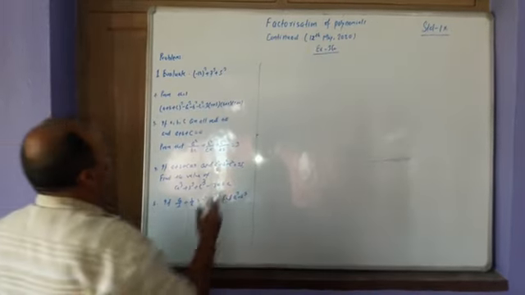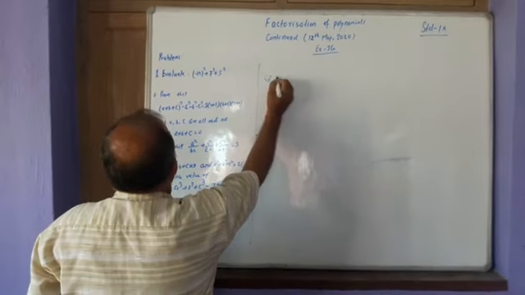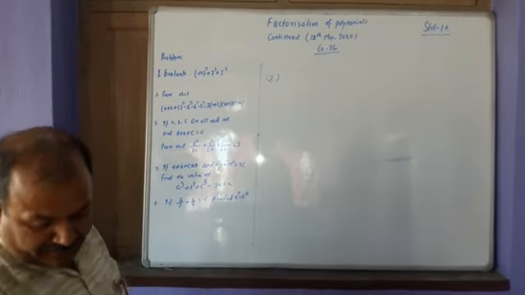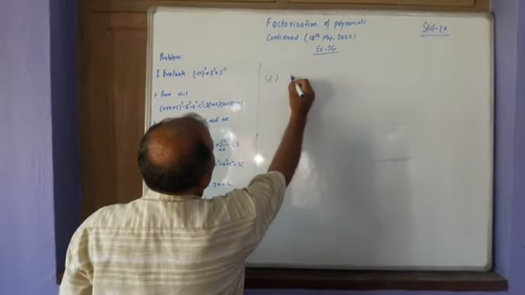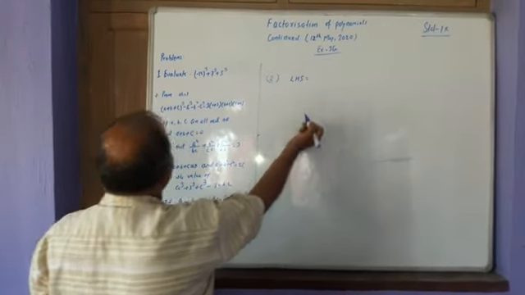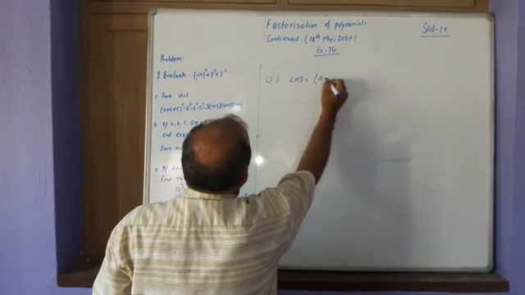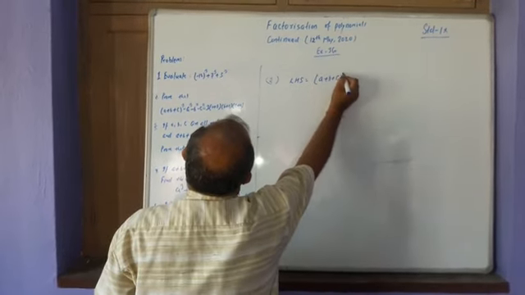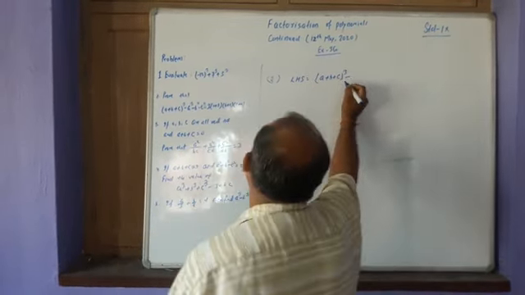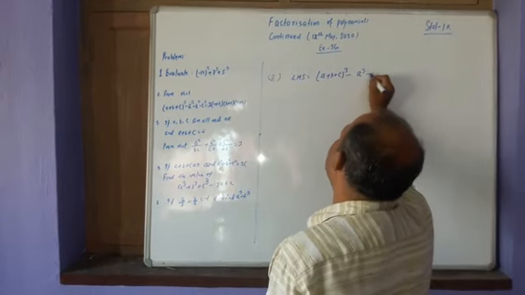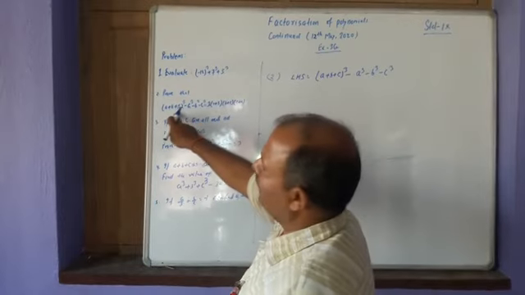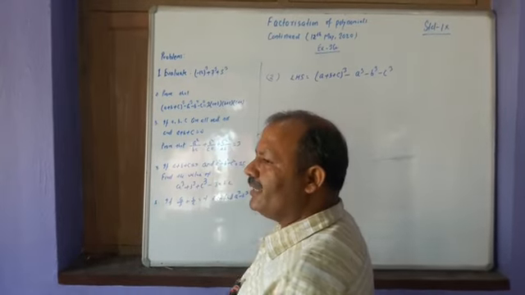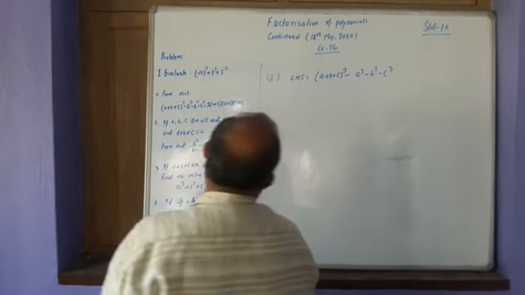You have to solve the second problem. First we have to take the LHS. LHS is cube of a plus b plus c minus a cube minus b cube minus c cube. The left hand side expression will be taken at first.